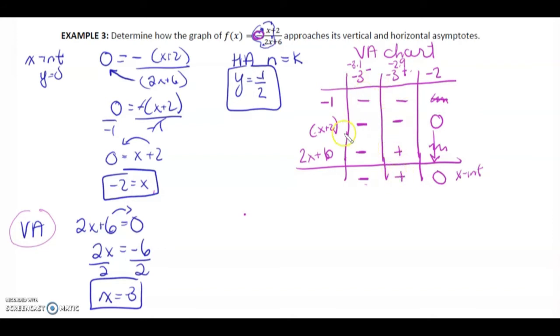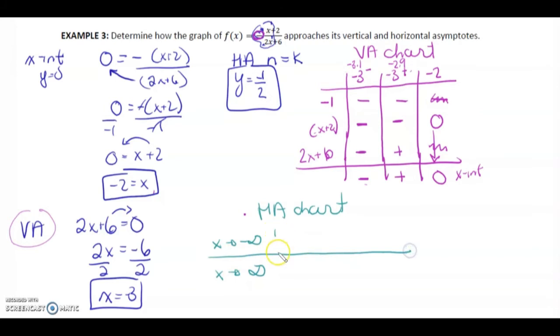Okay, now horizontal asymptote chart. Let's do that in like baby blue. Horizontal asymptote chart. We are going to take a look at when x approaches negative infinity and when x approaches infinity. Okay, so we're going to sub in -100.